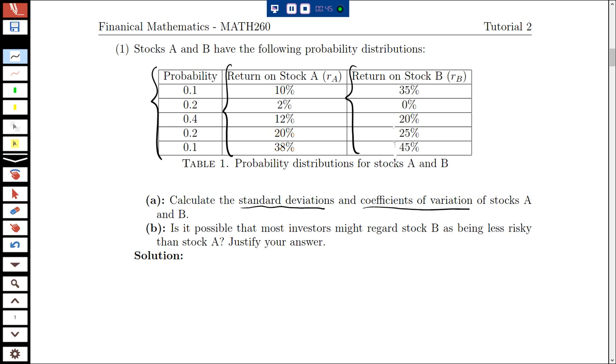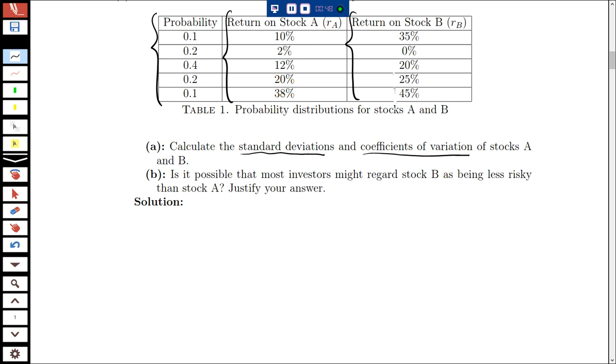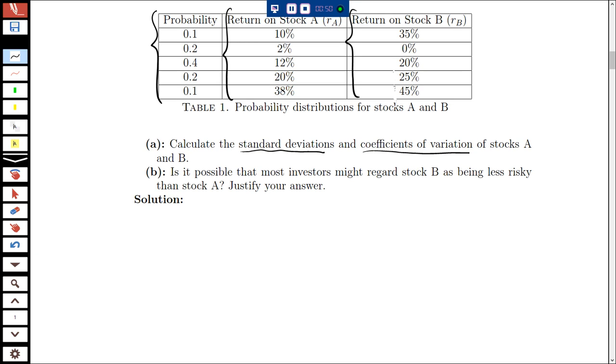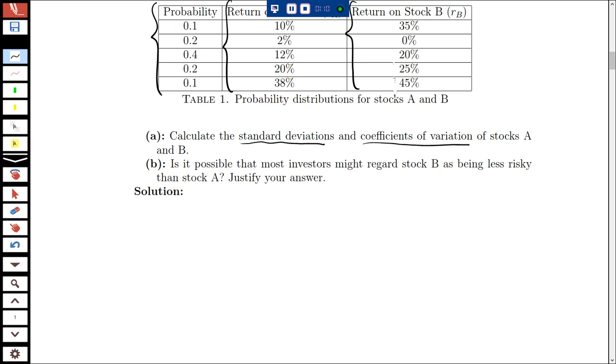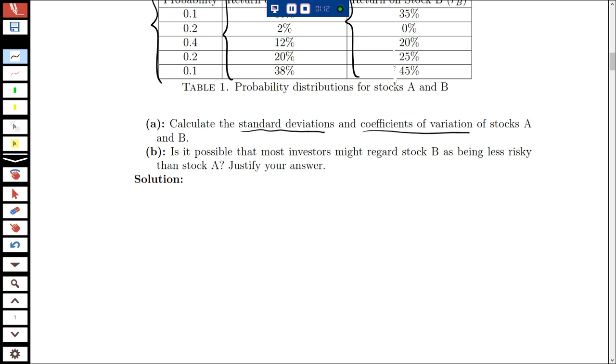Okay, so this problem is all about expected returns, which is reward, and risk, which is variance, and finally coefficient of variation, which is a measurement of risk per unit of return. All the equations needed for this are on the formula sheet, which is given in the exam. So let's write them here.